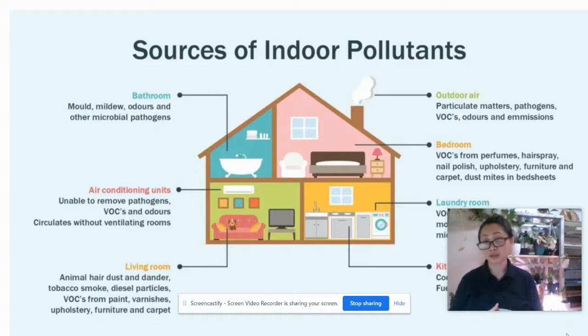You can have ventilation, like opening the window, or you can have indoor plants like what I have here in the background, or remove the source of that pollution. For example, with mold and mildew, you have to fix the problem of mold and mildew in your home. So let's get started with our model.